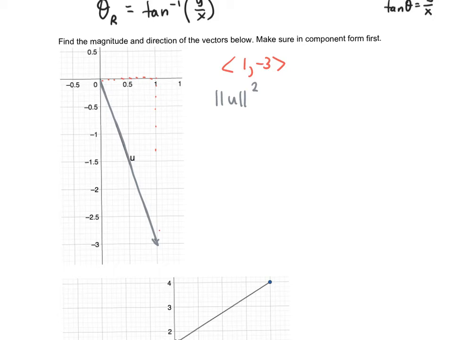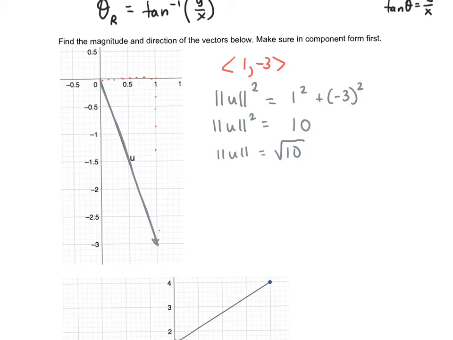So the magnitude squared is equal to the x component squared plus the y component squared. So the magnitude squared is going to equal 1 plus 9, which is 10. And then I can simply take the square root. So the magnitude is going to be the square root of 10. So that vector has a length of the square root of 10.